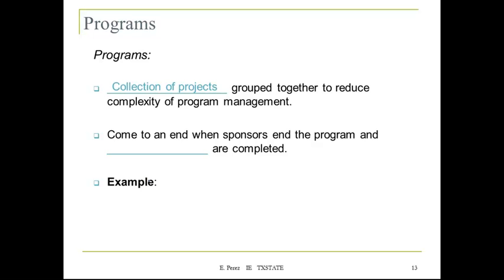Programs are a collection of projects grouped together to reduce complexity of program management. So you have multiple projects under a program. They come to an end when sponsors end the program and the collection of projects are completed. And as an example, it just lists the mission to Mars.